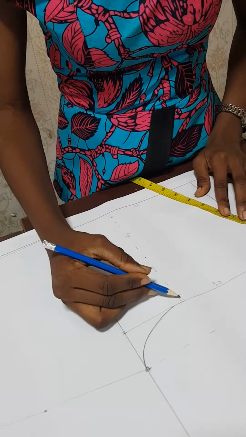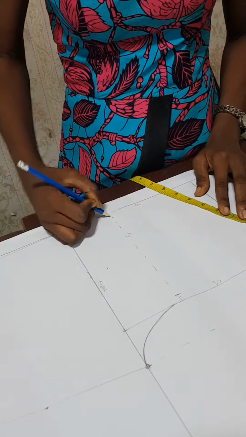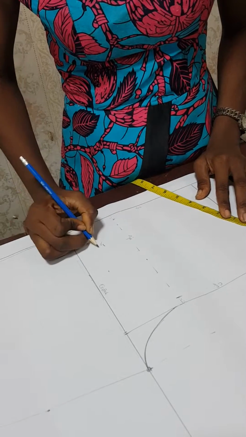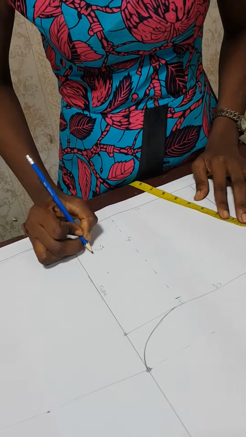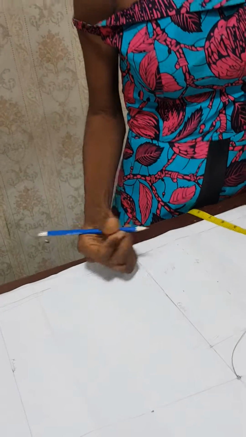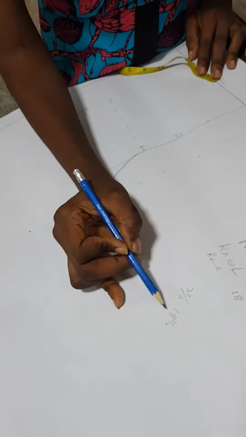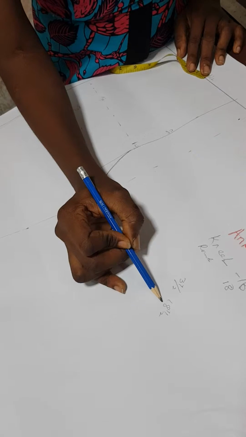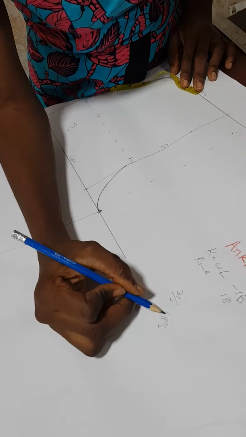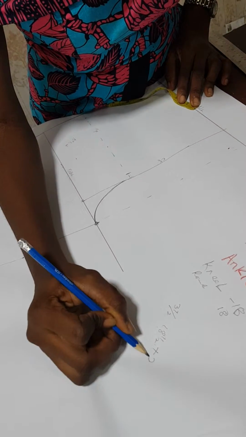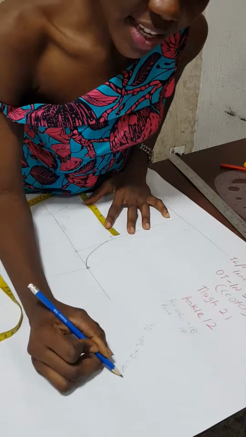So the same way I need 1/2 inch here and 1/2 inch here, which is 1 for front and 1 for the back. So 1 plus 1 equals 2 inches. So now I'm going to add this 2 inches to half the measurement of the hip. So that means I'm going to have 18.5 plus 2 inches, which is 20.5.